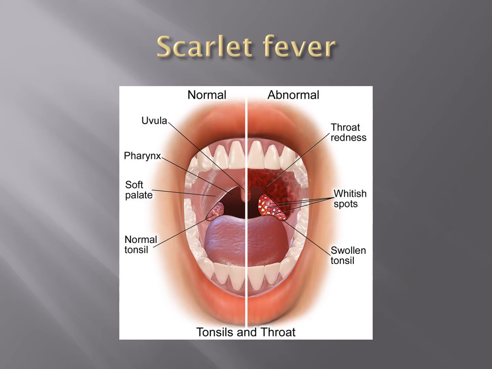Some of the cues you will see are temps higher than 101, chills, nausea, vomiting, body aches, and a sandpaper feeling rash along the trunk and the back. It comes and goes based on activity, temperature spikes, and crying. They also develop a strawberry tongue and whitish spots in the back of the throat and the palate.